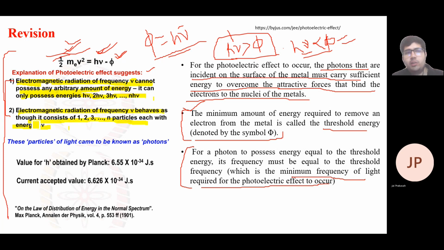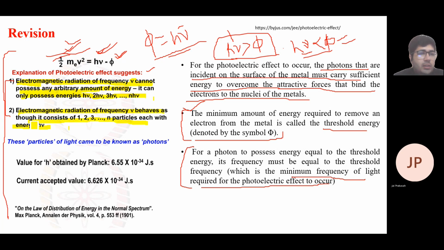So again, we consider that light has some imaginary particles called photons, in integer numbers only. Each photon has h nu energy, and if 5 photons are impinging, their energy will be 5 h nu. If 10 photons are impinging on the surface, it will be 10 h nu. If 100, then 100 h nu.